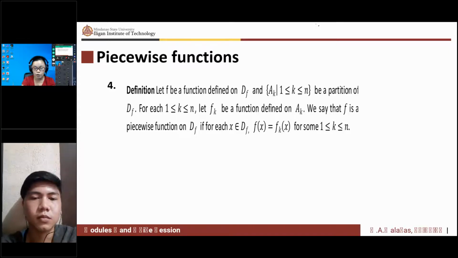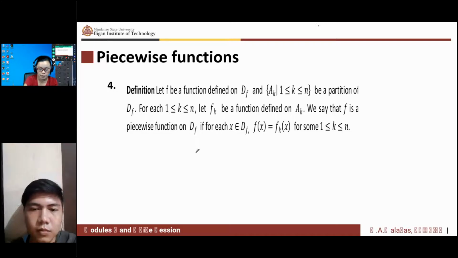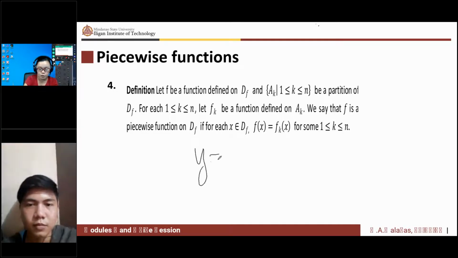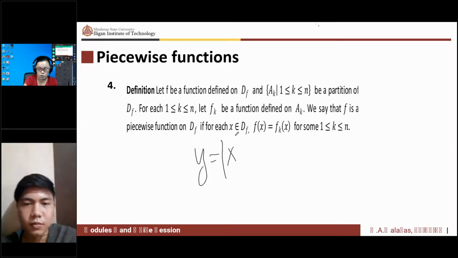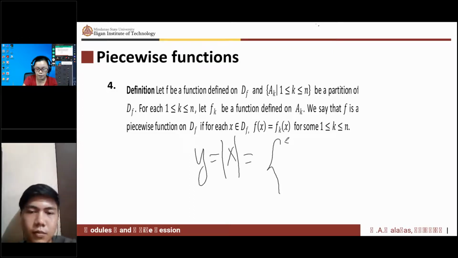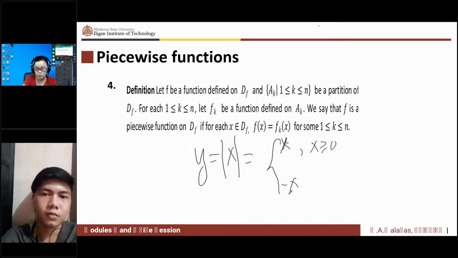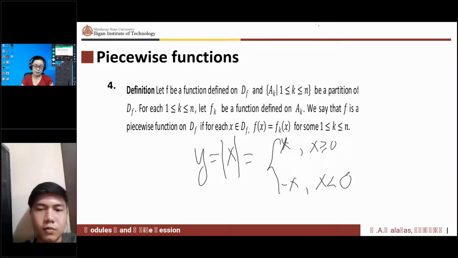So if you recall, the absolute value function, this one, is an example of a piecewise function. This is negative x if x is less than 0, and x if x is greater than or equal to 0. That's why I wrote it, because I want to cite it as an example of this piecewise function.